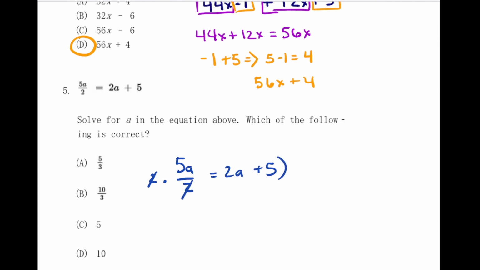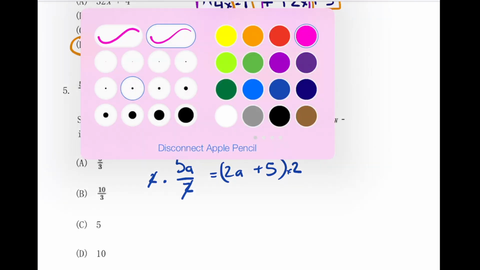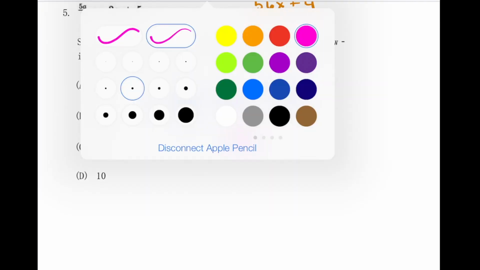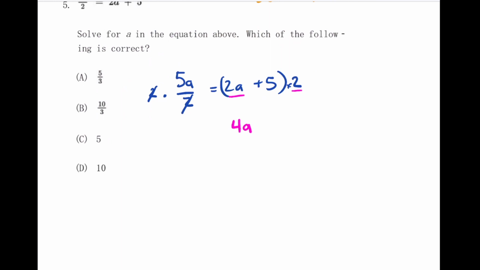That's going to leave us with 5a on one side, and on the other side we have to put the problem in parentheses because we have to multiply both the 2a and the 5 by 2. So that's going to give us 4a plus 10 on that side. So 5a equals 4a plus 10.